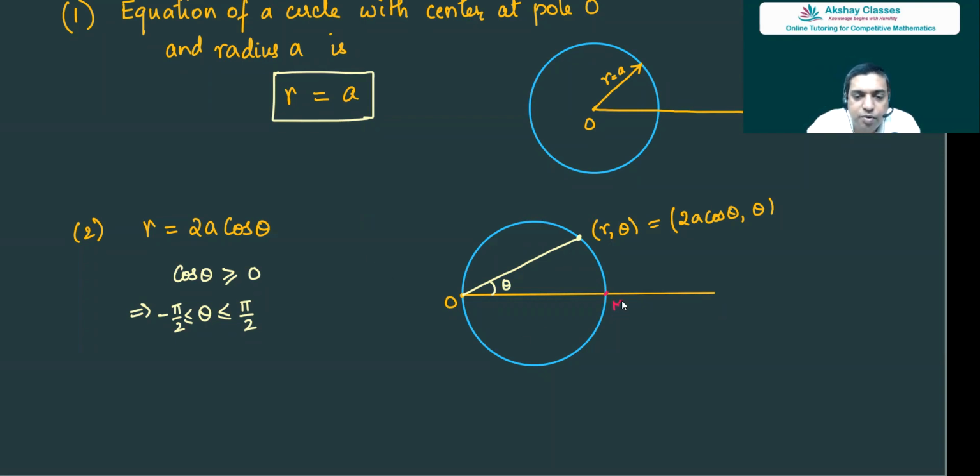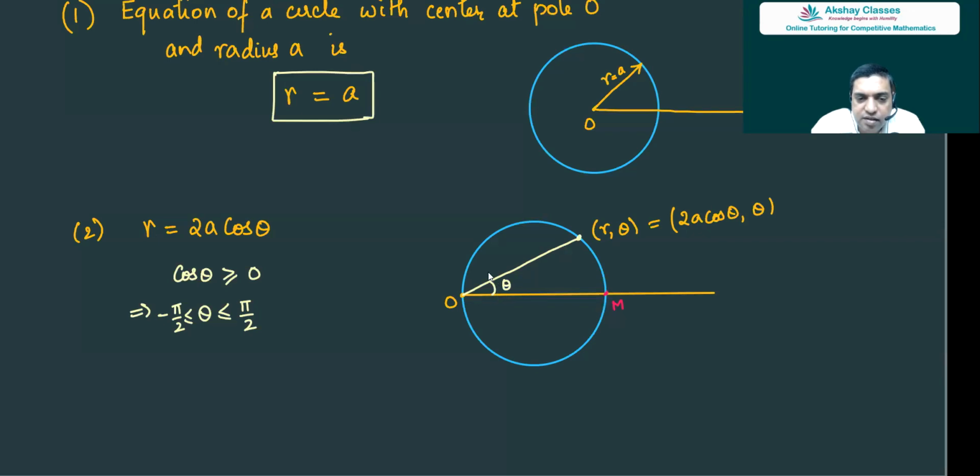Let this be the point M. As theta keeps changing, R value will keep changing, and R becomes 0 when theta is pi by 2.